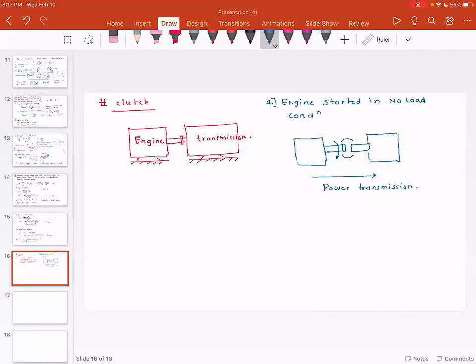And the way the clutch works is by means of friction. In a clutch, you have something called a clutch plate, and I'm going to show you a very simple example. You have a clutch plate on the driven side, and a clutch plate on the driving side.